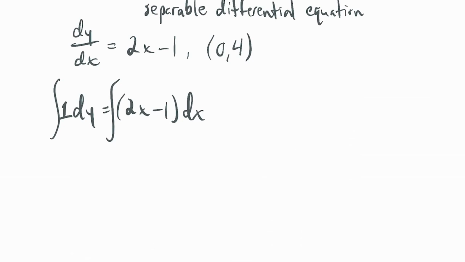Let's go ahead and do the right-hand side first. This is what we've already done. So we get x squared minus x plus c. The antiderivative of 1 is x when dx is the differential at work in the integral. Now over here, we're doing the antiderivative of 1, but on the left-hand side, the active variable is y, not x.